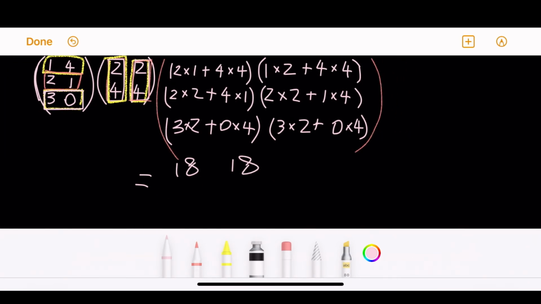And then 2 times 2 is 4, 4 plus 4 is 8. And then 2 times 2, which is 4, 4 plus 4 is 8 again. And then 3 times 2 is 6, 6 plus 0 is 6. And then the last one, we have 3 times 2 is 6, 6 plus 0 gives us 6 again. Alright, and that's our final answer.